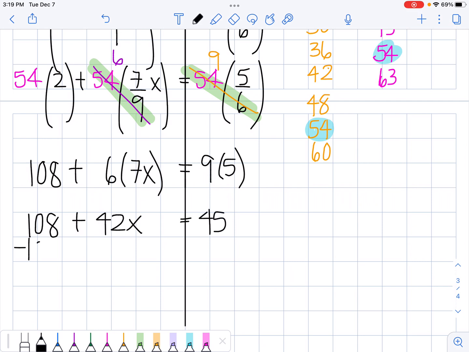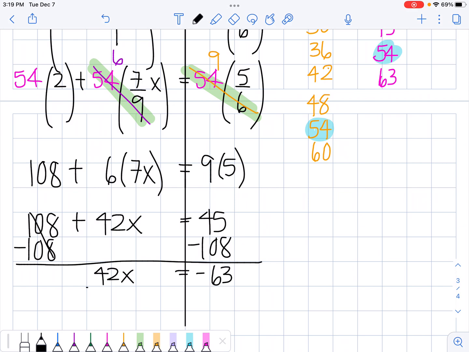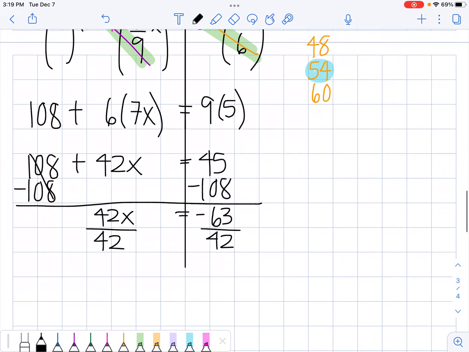I have to subtract 108 from both sides to get x on a side by itself. Negative 63. And then divide both sides by 42. So I get x is equal to negative 63 over 42. I need to reduce my fraction.